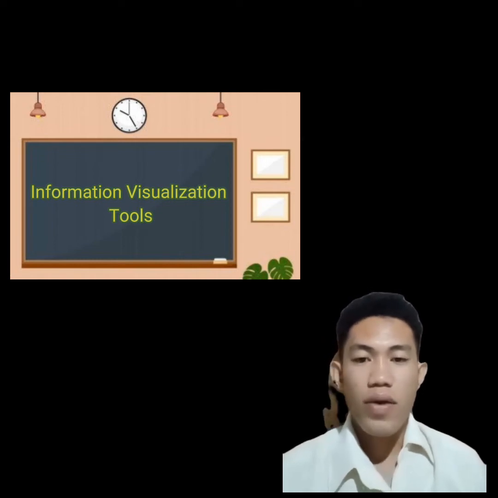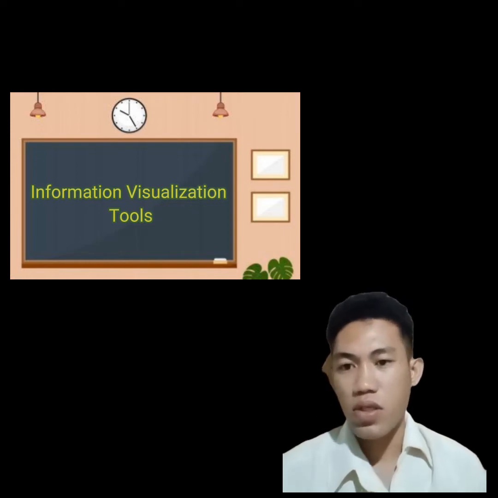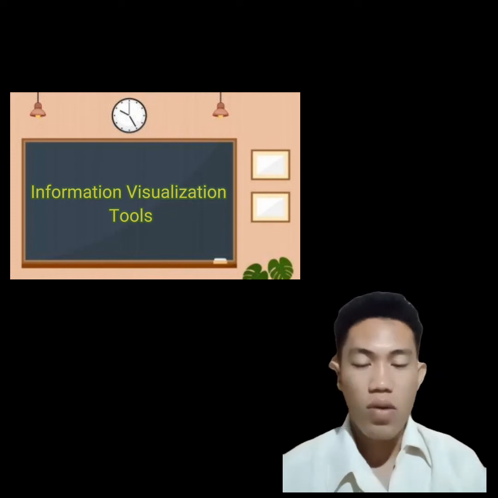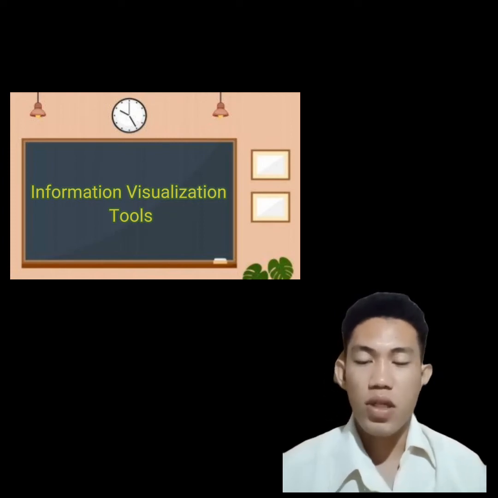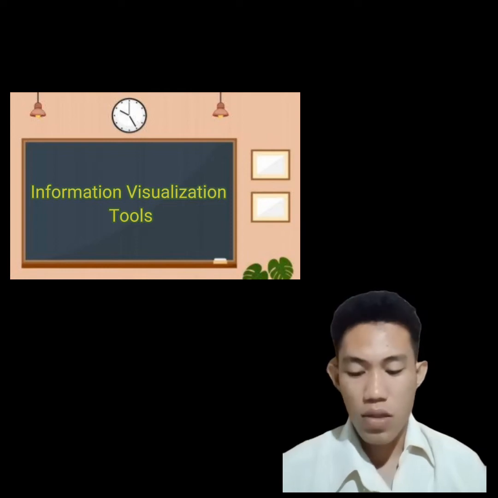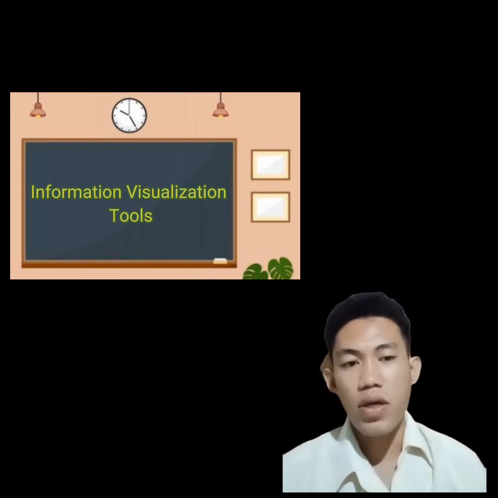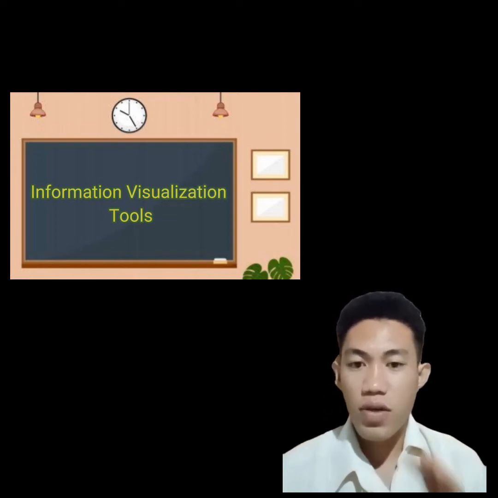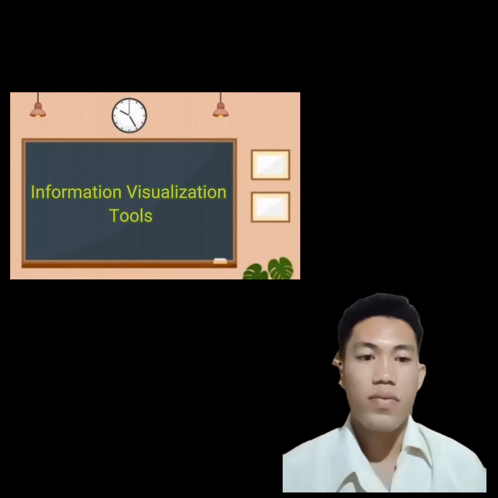One example of an information visualization tool is Google Charts, where you can graph all the information that you acquire. Another one is infographics, where you can put pictures with the information that is needed for a certain course or a certain lesson.